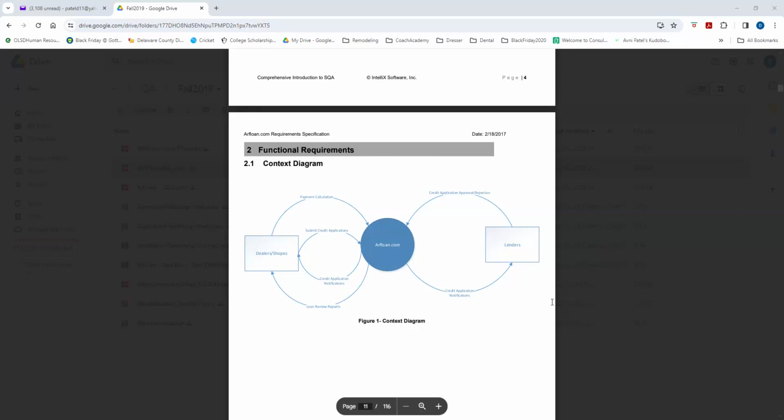But this is a form of end-to-end requirements for the software that's supposed to be built. And this is written by the business analyst, right? So you as a QA are a recipient of the document along with the developers. And you are reading this document, trying to understand what they are trying to build in the system. That's the whole purpose of this reading exercise.